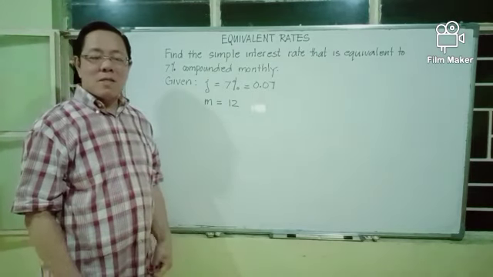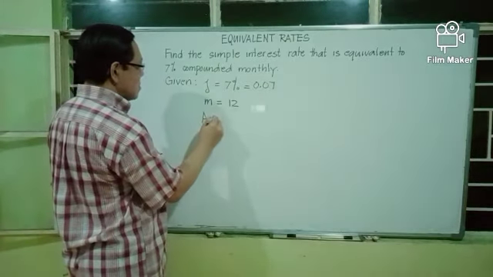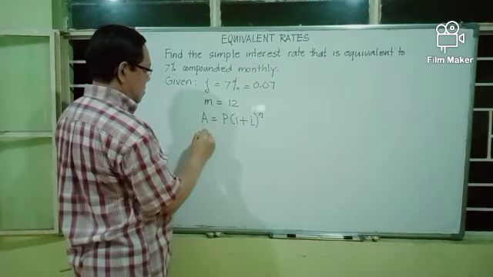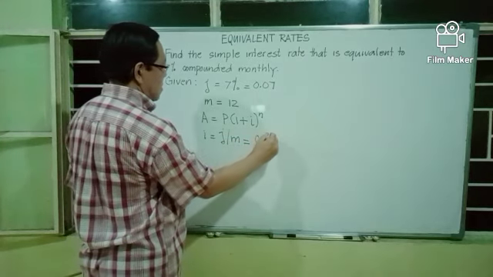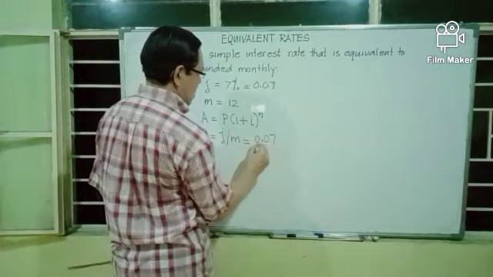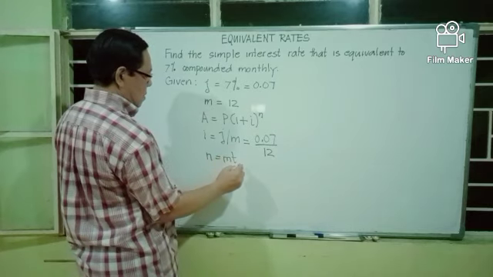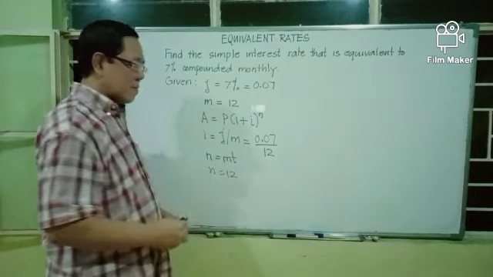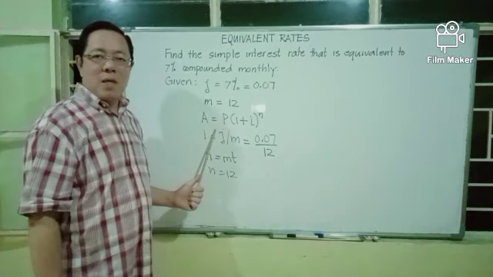At compound interest, the accumulated value is given by the following formula.